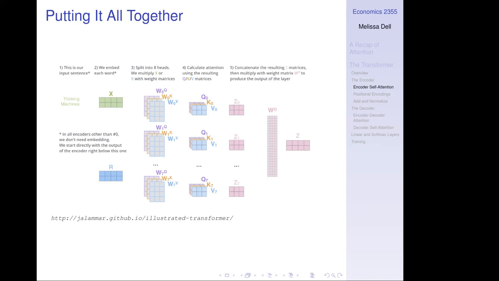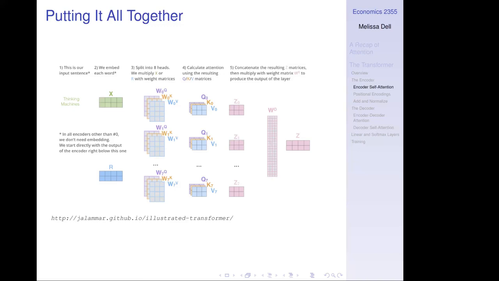So we're either feeding in the embedding for the original words, or we're feeding in the output representation from the previous block, and we're multiplying those by the query and the key and the value matrices, which give us query, key, and value vectors for each token of the input. We use those to compute the attention score Z for each token at each head.